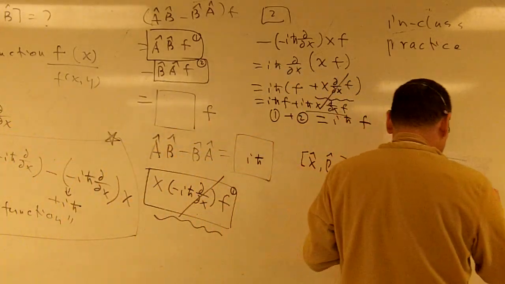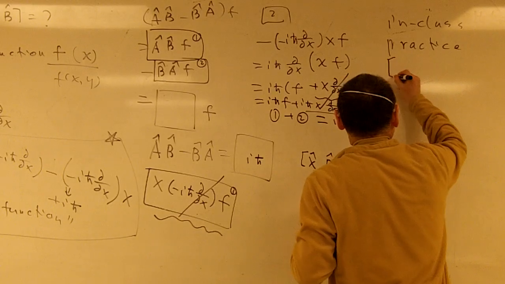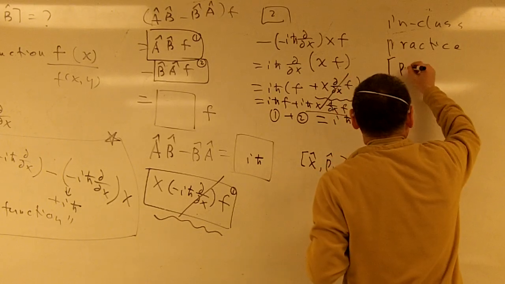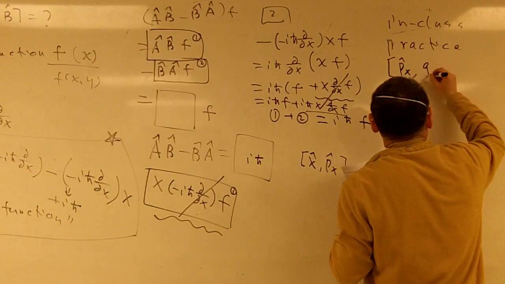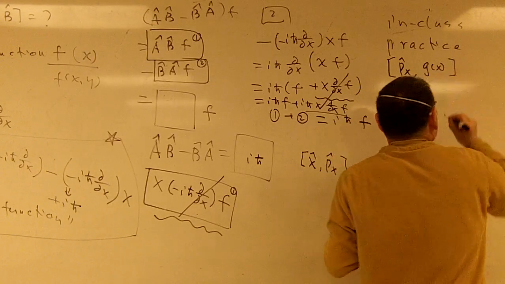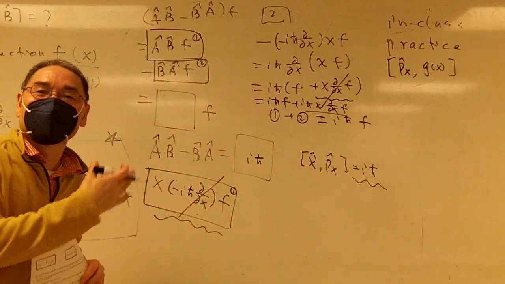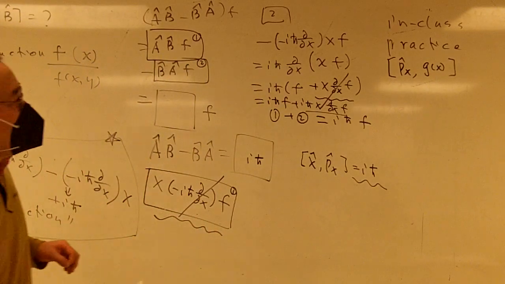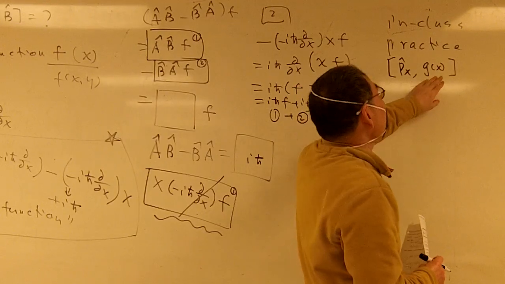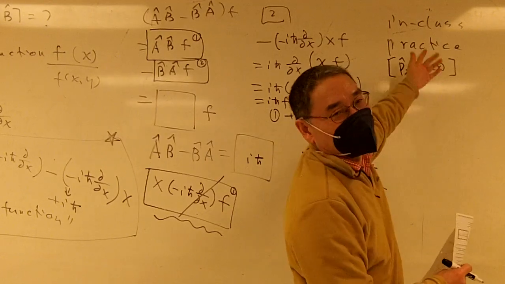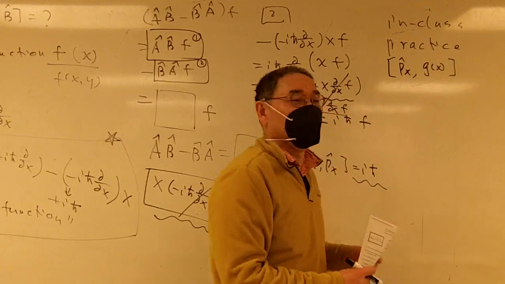We're going to do the in-class practice. Let's get started. I have one practice in the brackets that looks like this. This time I have a function g like this. The g itself is a function of x. Had this been a constant, you would just get a 0, but this is a function of x.